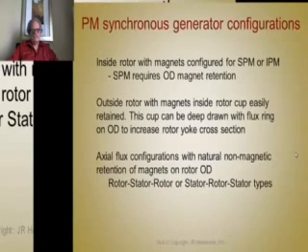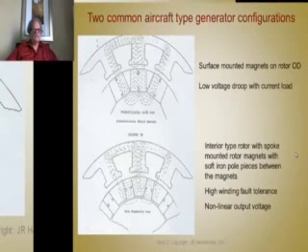You can use alloy steel. You can use anything, because it doesn't matter if those retainment sleeves are magnetic, because they're not in the magnetic circuit. They're not across the face. So this is a very excellent way to make a high-speed generator. And you can have rotor stator rotor types, or stator rotor stator. In other words, two rotors with a stator in the middle, or two stators with a rotor in the middle. We saw pictures of those before.